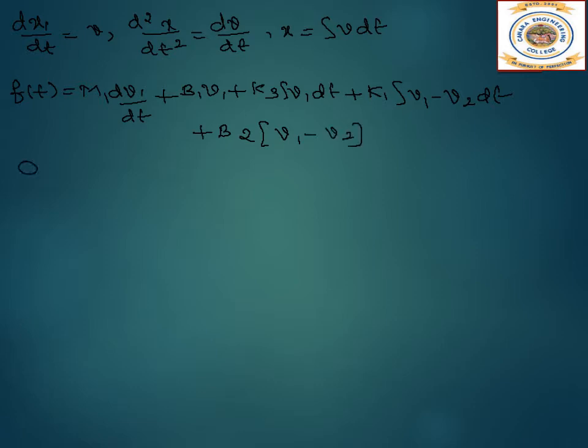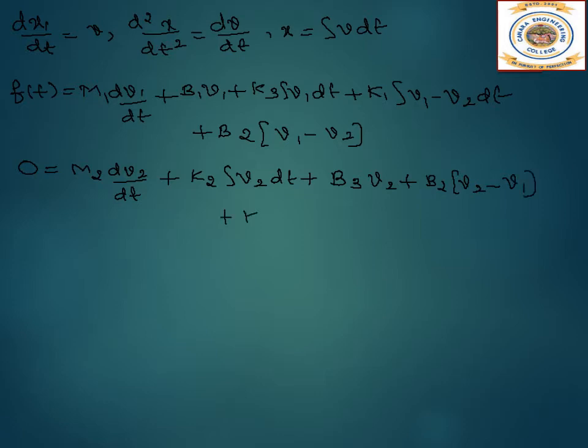Coming to equation 2, 0 equal to m2 dv2 by dt plus k2 integral v2 dt plus b3 into v2 plus b2 into v2 minus v1 plus k1 into integral v2 minus v1 dt.